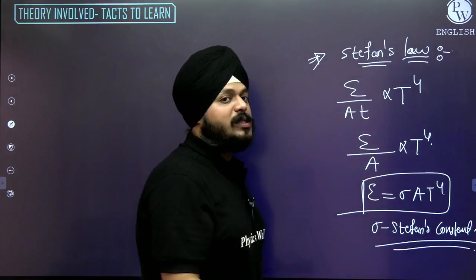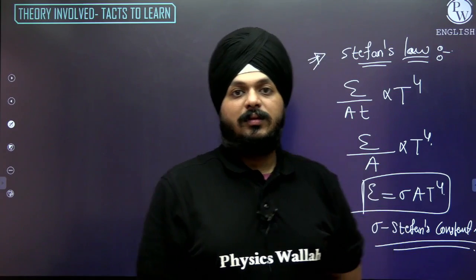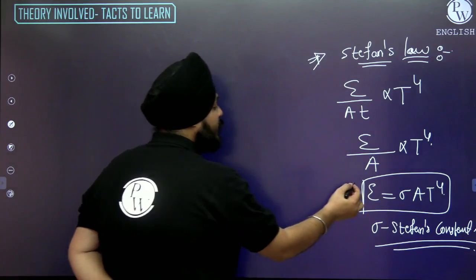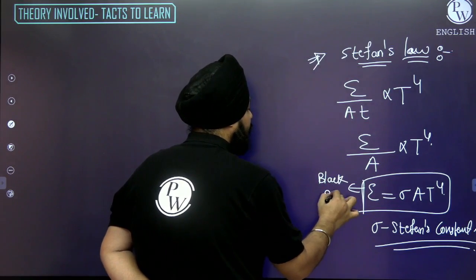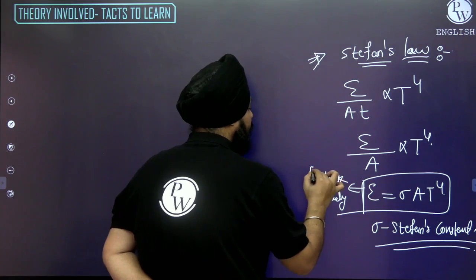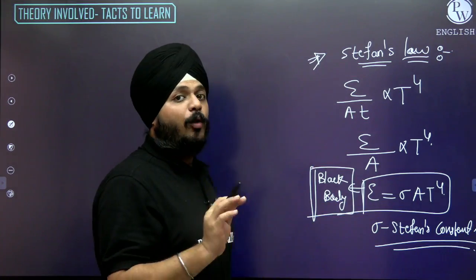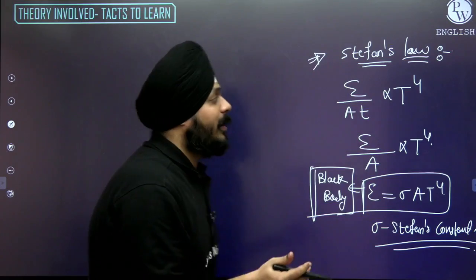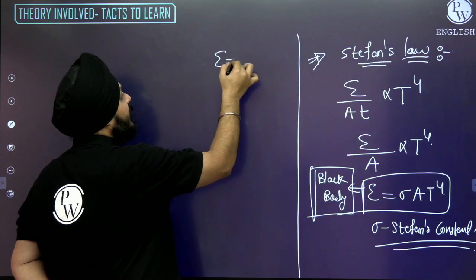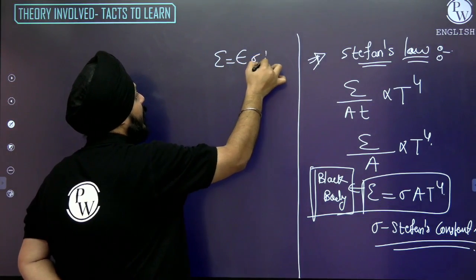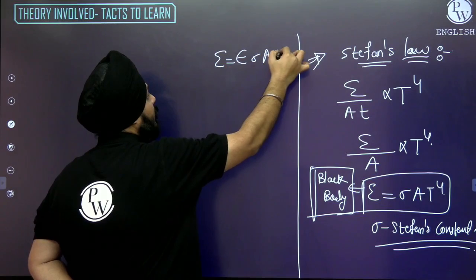But this is not the actual general statement of Stefan's law. This is especially for a black body. Now, what will be the general statement? That includes the emissivity. The energy is emissivity e times sigma A T to the power 4.